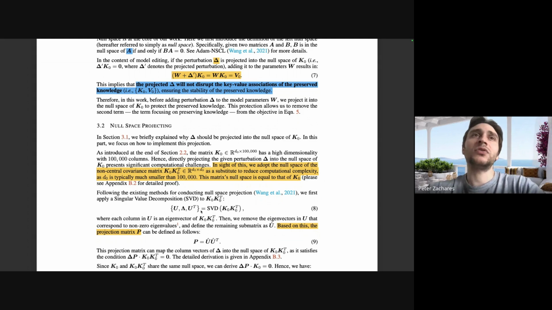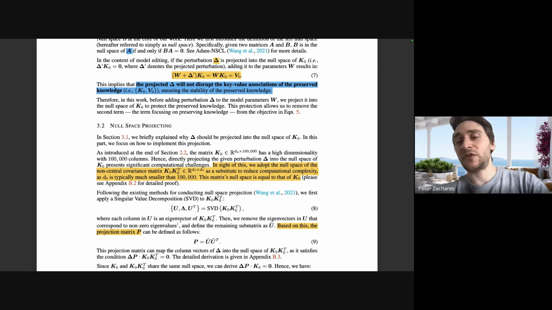Then they use SVD to calculate the eigenvectors and eigenvalues. Since it's a non-central covariance matrix, SVD calculates the eigenvectors and eigenvalues of the matrix K naught times K naught transpose. So U is your eigenvectors, and large lambda is your eigenvalues.